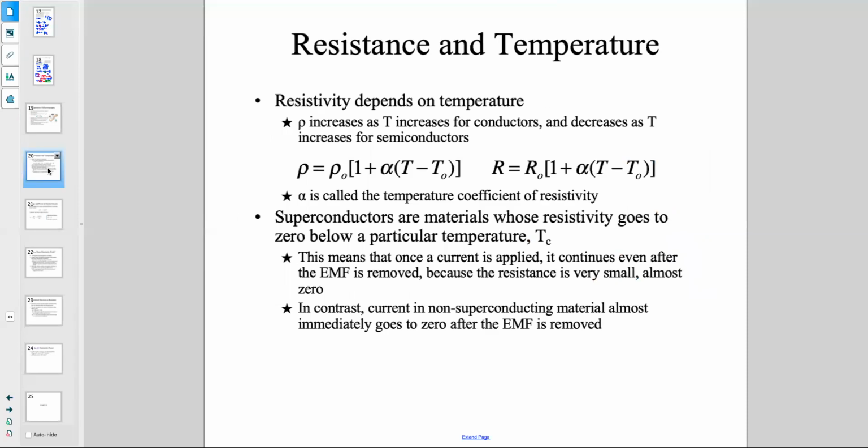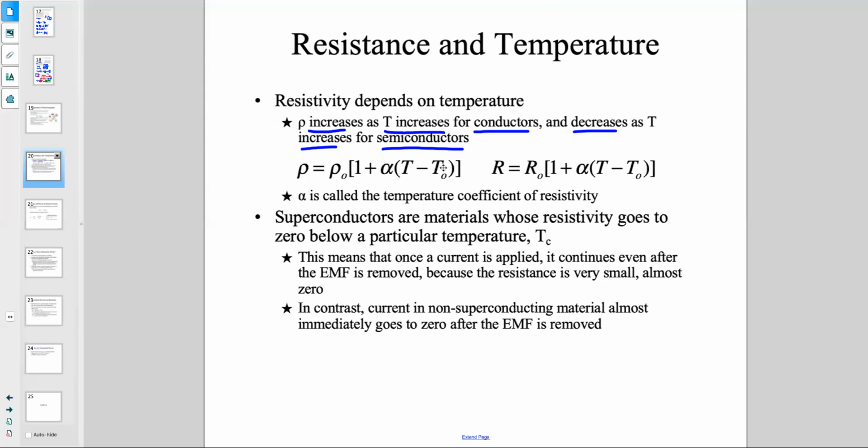Resistance and temperature. Resistivity depends on temperature. As I said, it's temperature dependent. Rho increases as temperature increases for conductors, and decreases as T increases for semiconductors. We have this kind of relationship here: rho equals rho 0 times (1 plus alpha (T minus T0)).